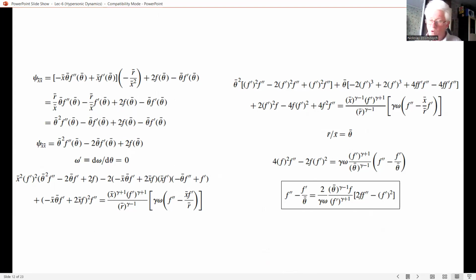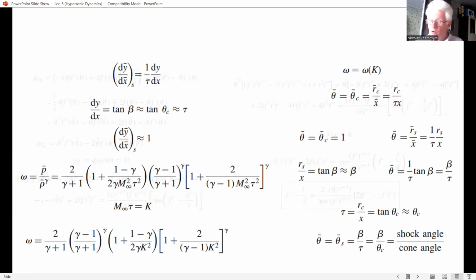For flow over a cone, the shock wave is a straight oblique surface with a constant transformed flow that we have in this equation, and that gives us an expression for dy over dx. Average proportions 1 over tau dy over dx.